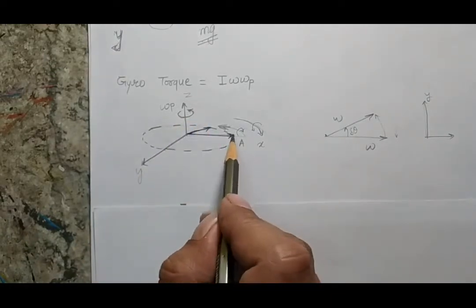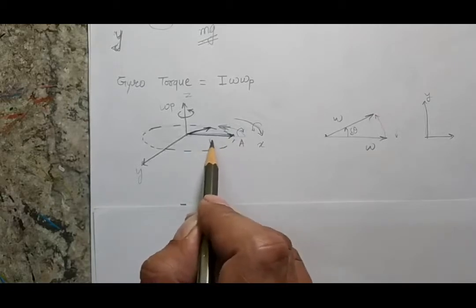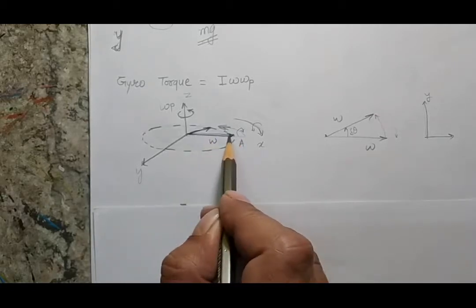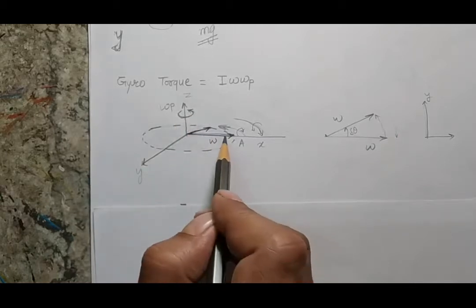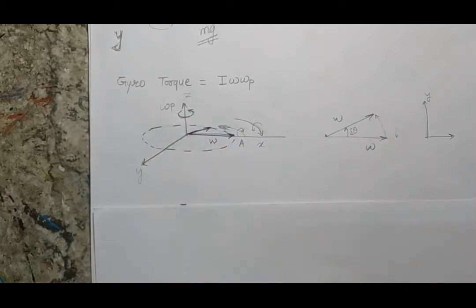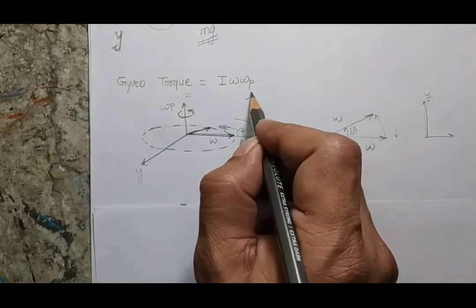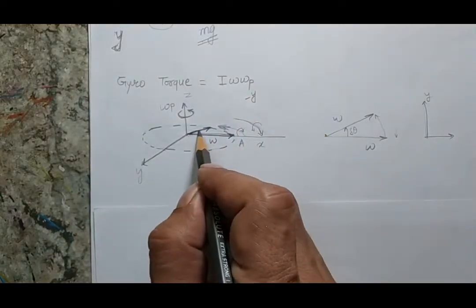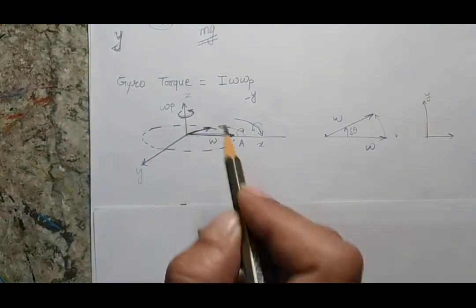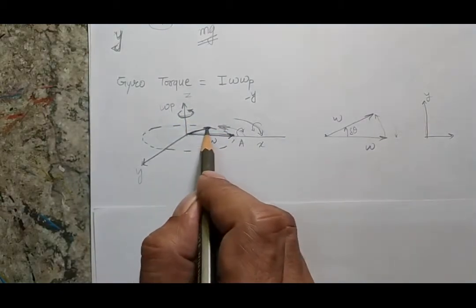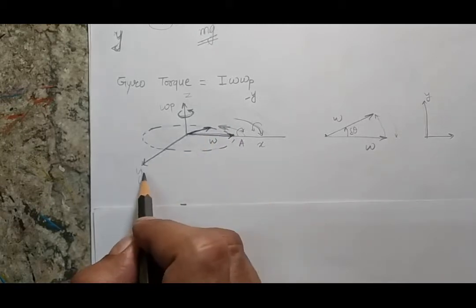This is my angular velocity vector, which is initially along the x-axis, and if I give a rotation to my vector, the rotor is going in the minus y direction because of this precession rotation. And if it goes in this way, what would be the sense of the gyroscopic couple?